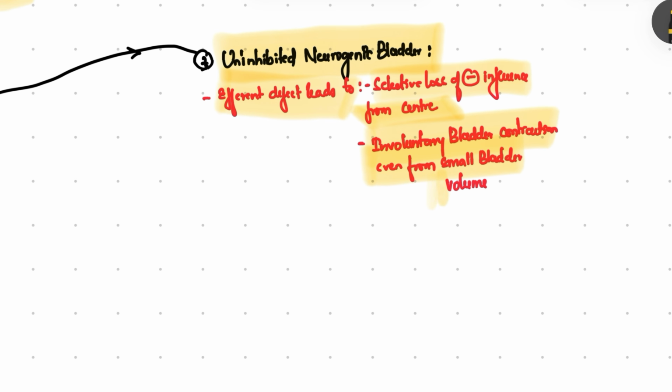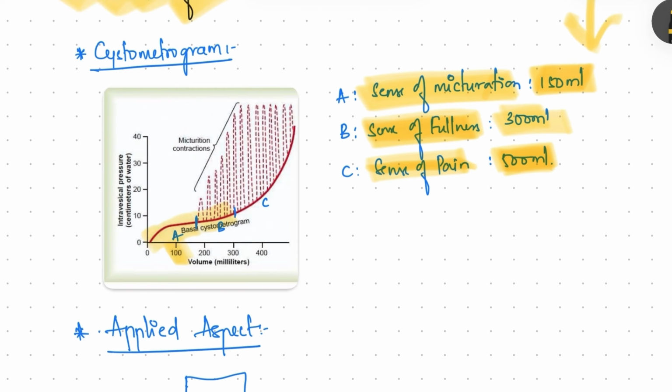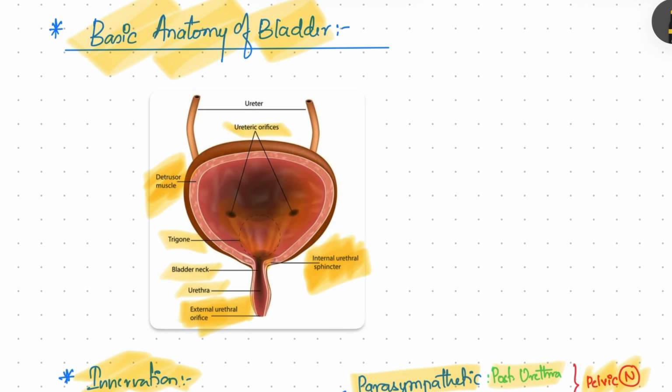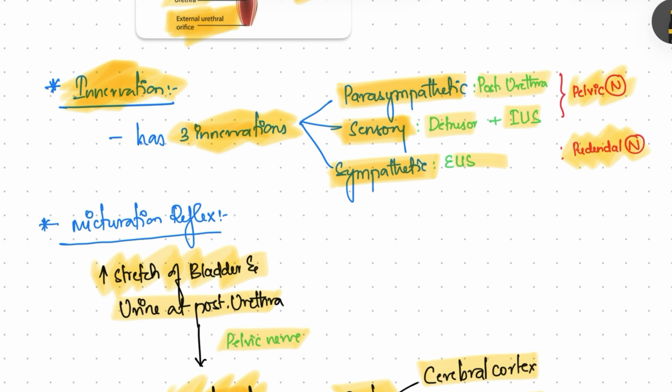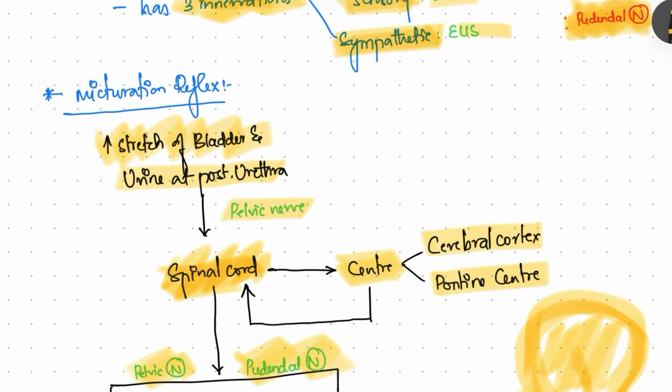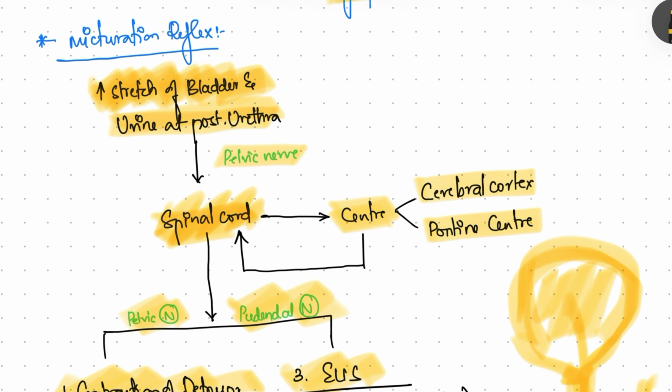Let's revise. We discussed anatomy. I hope that is clear. Then in innervations, we have three innervations: parasympathetic, sensory, and sympathetic. Mainly, we need to remember pelvic nerve and pudendal nerve. Then coming to micturition reflex, increased stretch of bladder happens, which leads to a sensory signal. Afferent will be pelvic nerve.